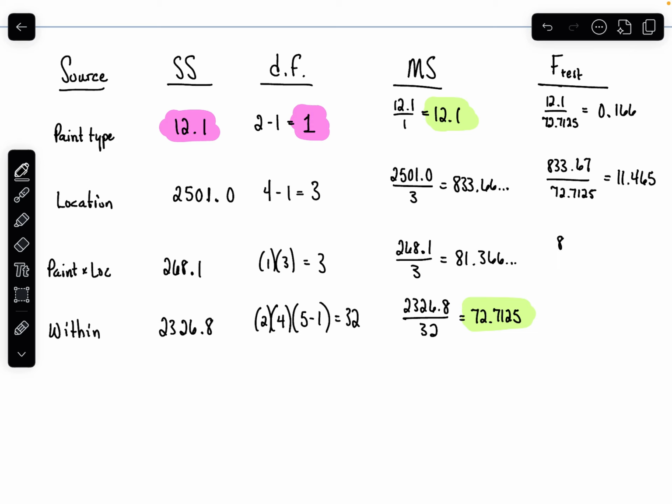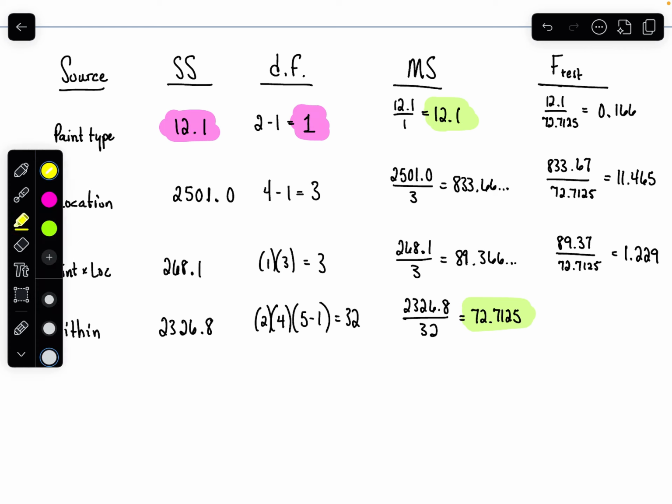Then we have 89, excuse me, that should be 89, not 81, 89.36666, which we'll call 89.37. Divided by 72.7125, which gives us 1.229. These then are our test statistics.